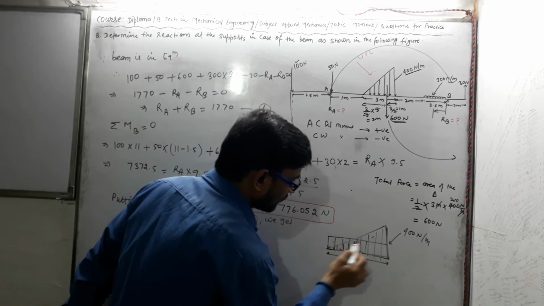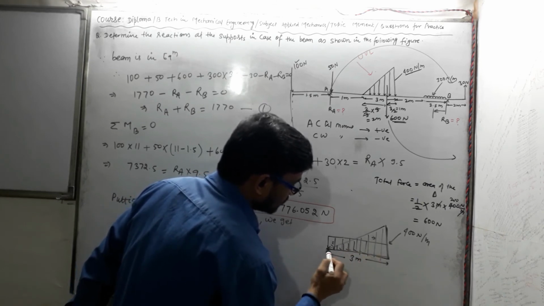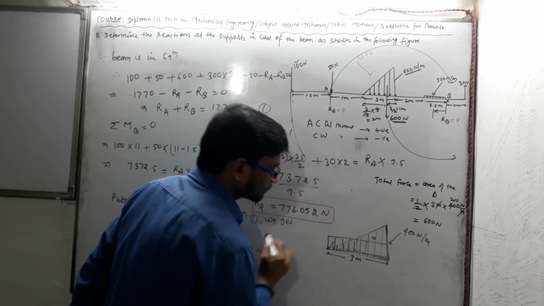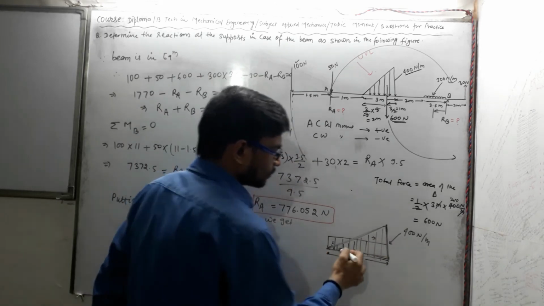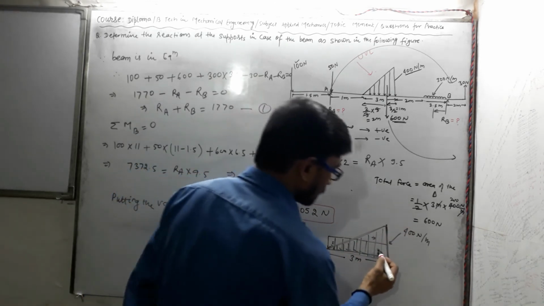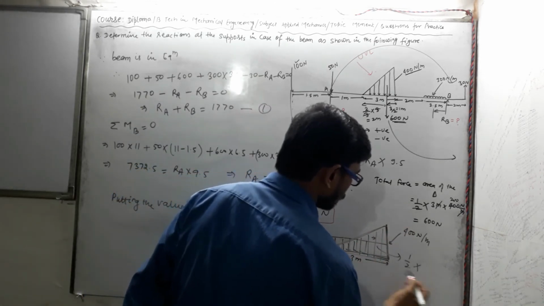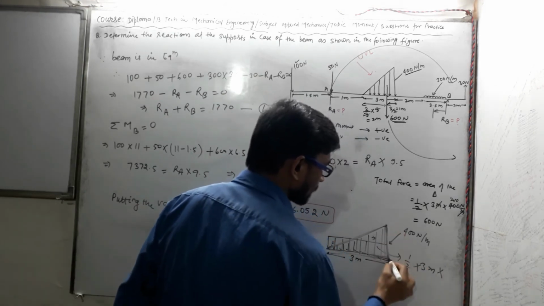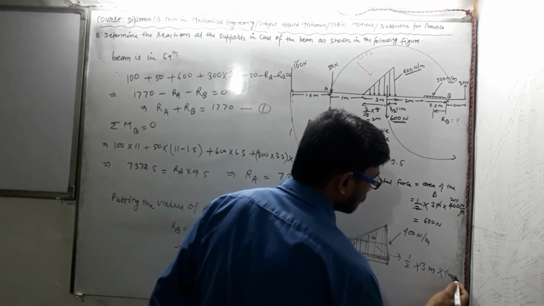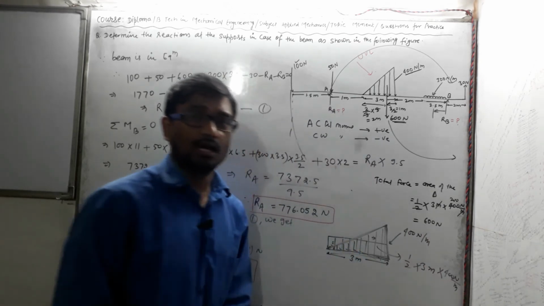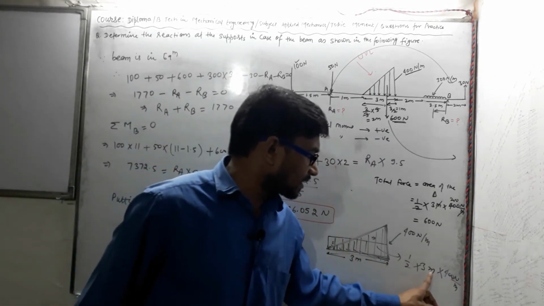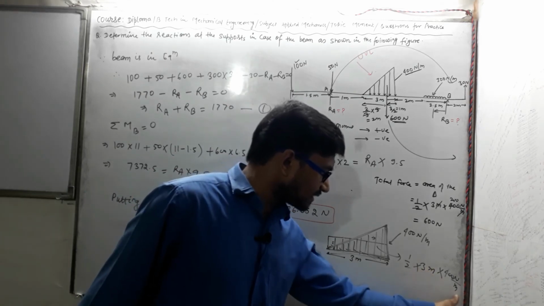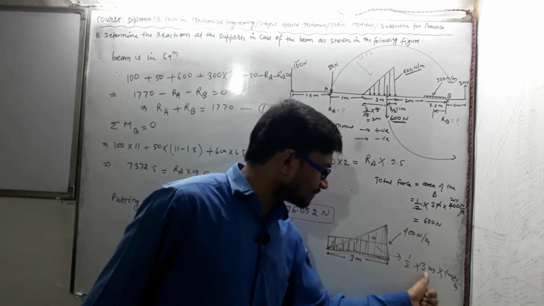The total amount would be nothing but the area of the triangle, half into base, that is 3 meter, into the perpendicular distance, 400 Newton per meter. See, it's a unit: meter and meter are divided, so it can be cancelled out.